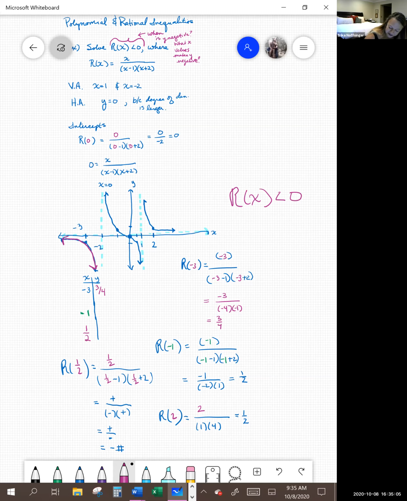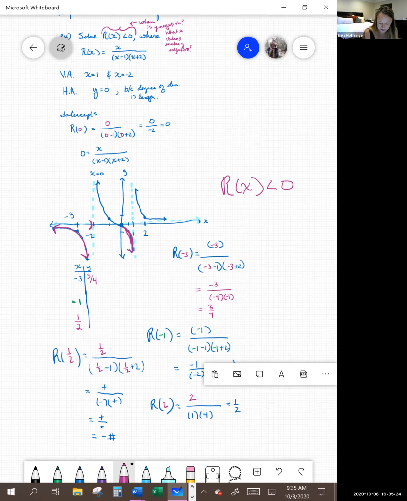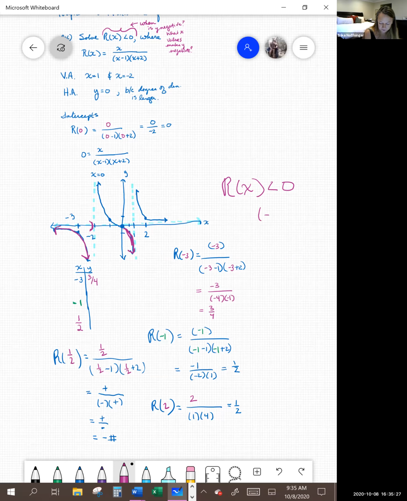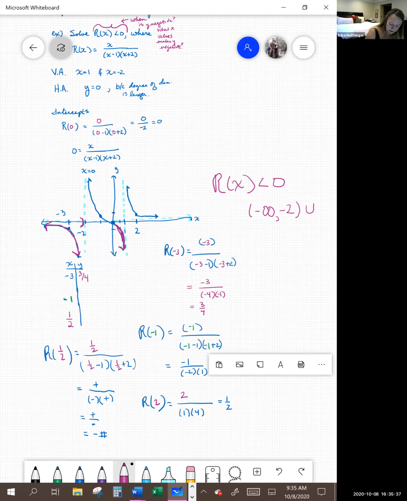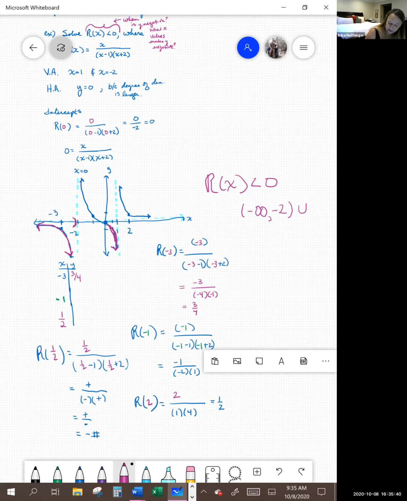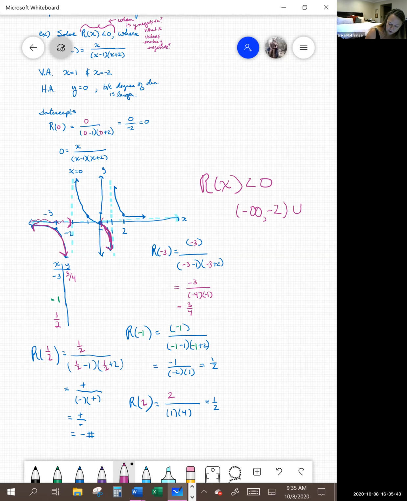And it's below the x-axis right here. And so all the x values that you're hitting, because we're looking at the x values that make y less than 0, we're looking at all the values coming in from -infinity to -2. Union, then we're hitting all the values from 0 to 1.